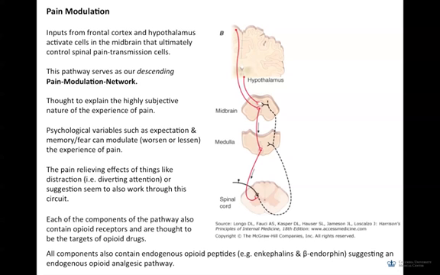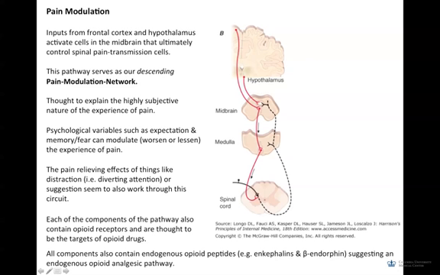So these psychological variables, our higher order brain is actually able to modulate, either make it worse or better, our ability to feel pain. And so these non-pharmacological pain relieving strategies, like distraction, diverting somebody's attention, or making strong suggestions about how they may feel the pain, whether it's better or worse, are thought to also work through this pathway.